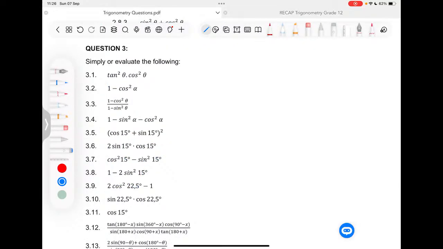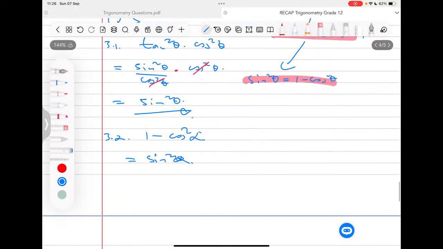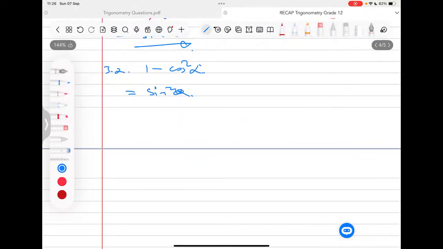And then if we go to question 3.3, maybe we can do that one as well. So we are on 3.3 and we are given 1 minus cos squared theta all over 1 minus sine squared theta.